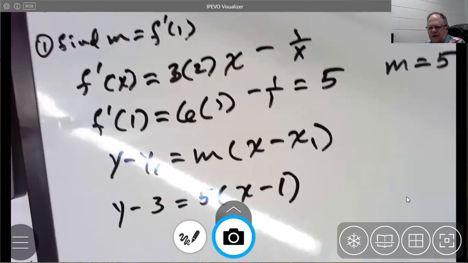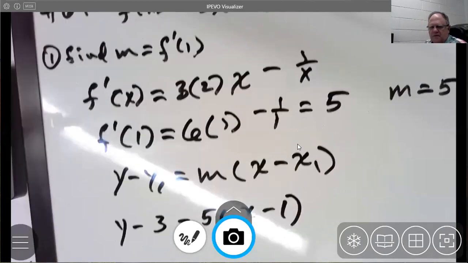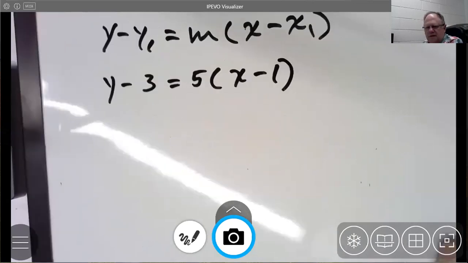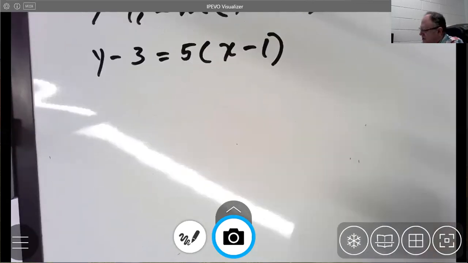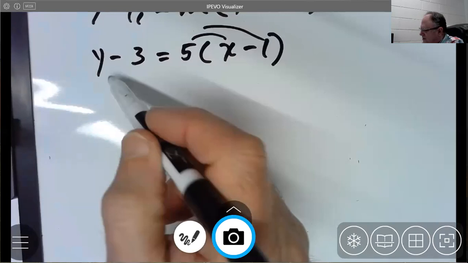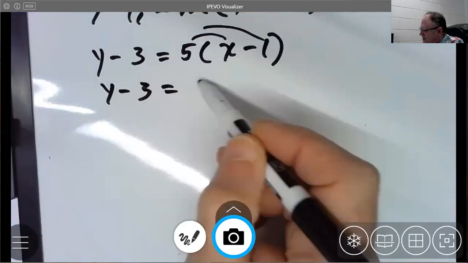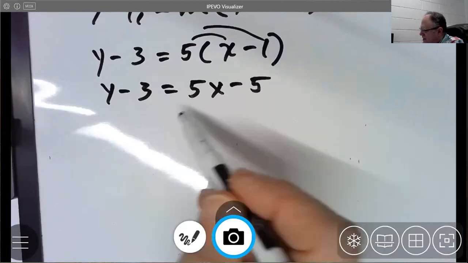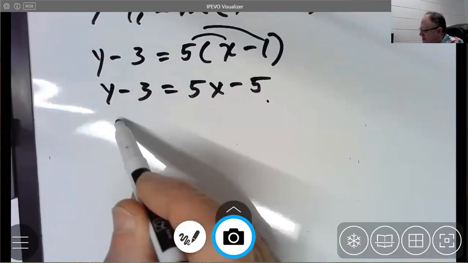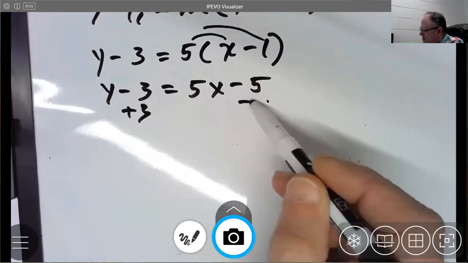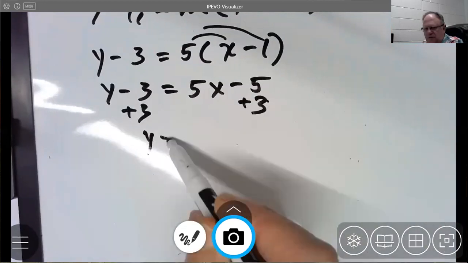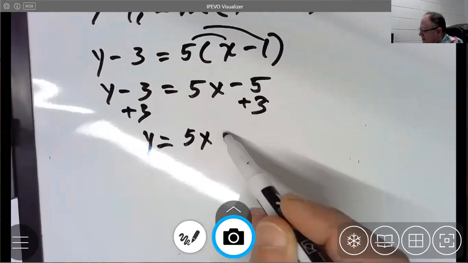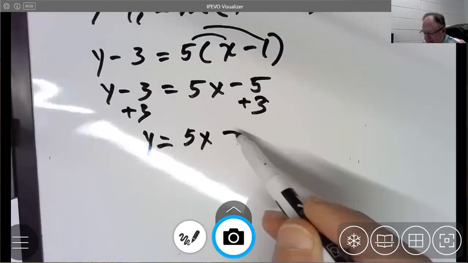And from here, we go ahead and distribute the 5, simplify that. So that's y minus 3 equals 5x minus 5, and then apply plus 3 to both sides. To put it in slope-intercept form, we get y equals 5x minus 2.